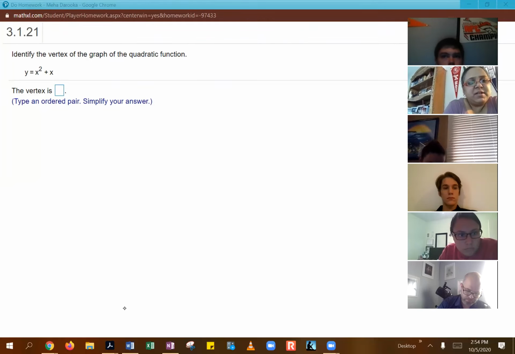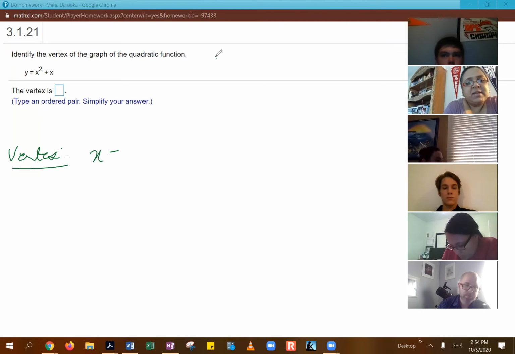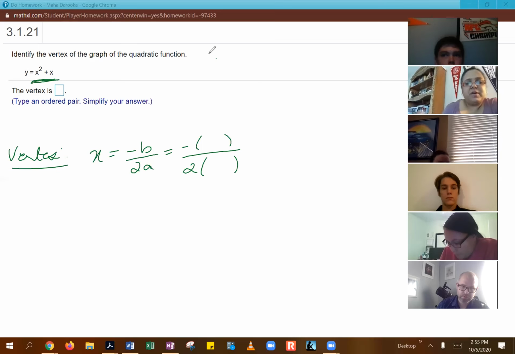And to find the vertex, since this is in the standard form, you can do negative b over 2a. So that's going to be negative, and then whatever that b term is, divided by 2 times a. So looking at our equation over here, what's the b coefficient?